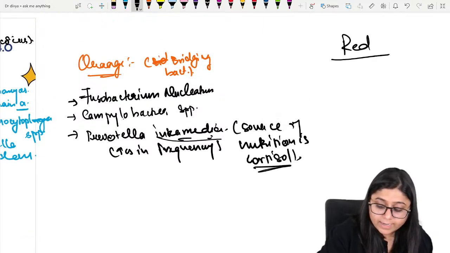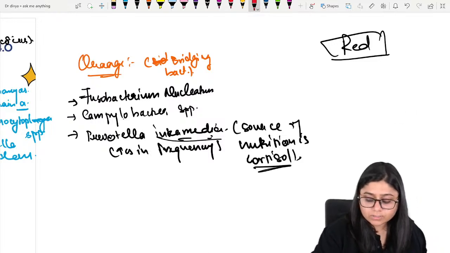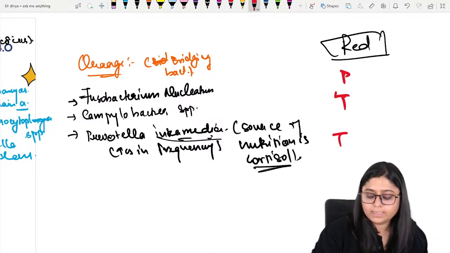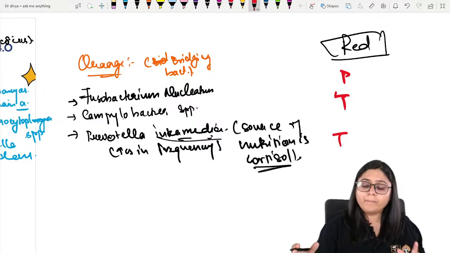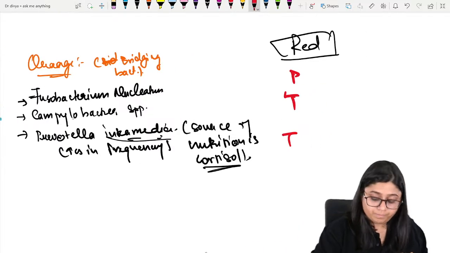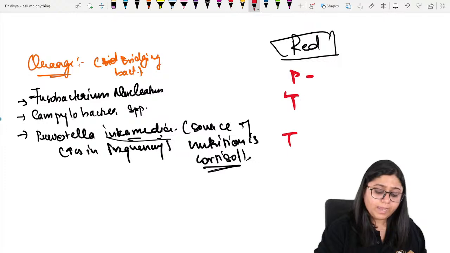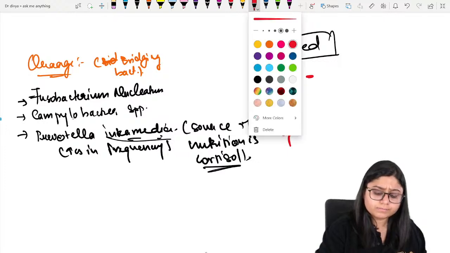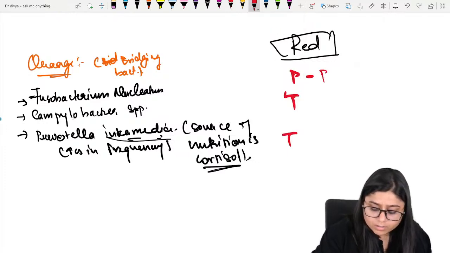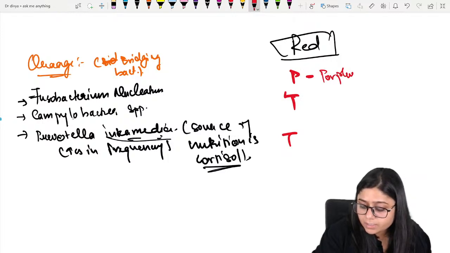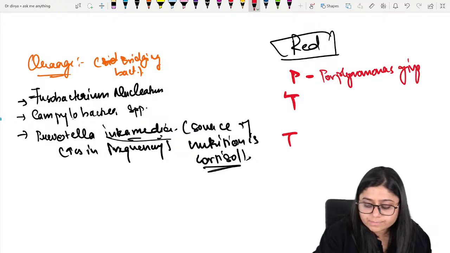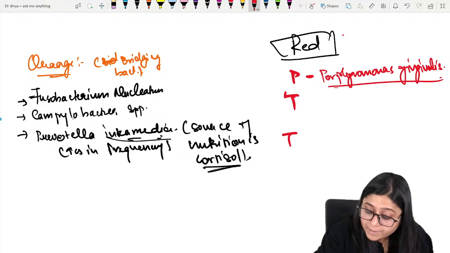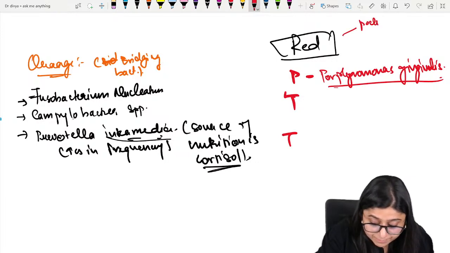Now lastly, the danger group, which is the red complex bacteria. The red complex bacteria or the dangerous group. The red complex consists of PTT. So this is Porphyromonas gingivalis. This complex is present on the pocket epithelium.